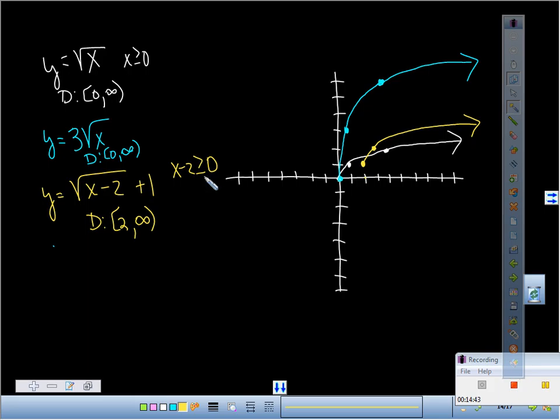And then solve for x. Add 2 to both sides. X is greater than or equal to 2. That's just exactly what that says. So, you can do it this way, or you can go by looks. Be careful with those looks things, okay?